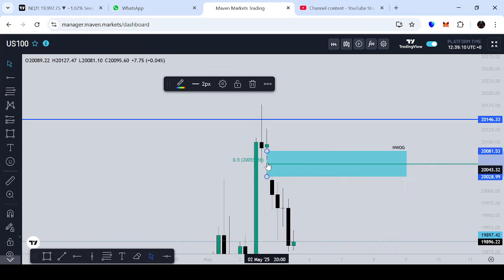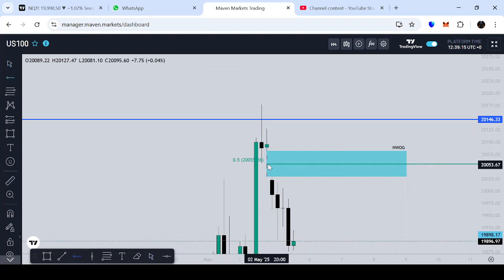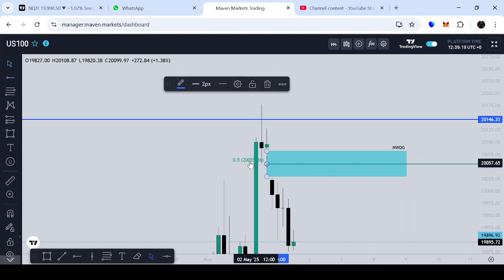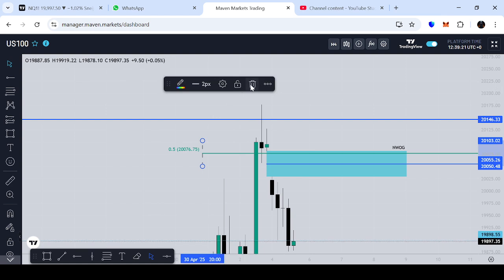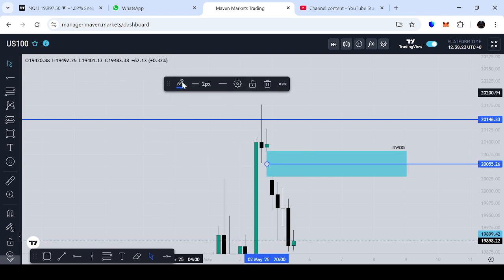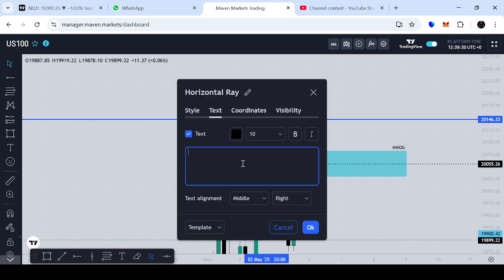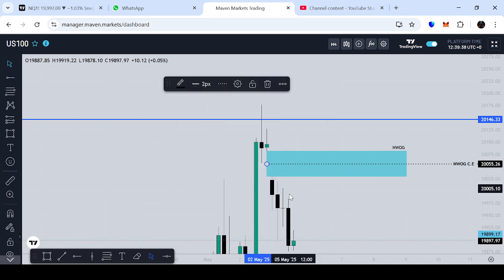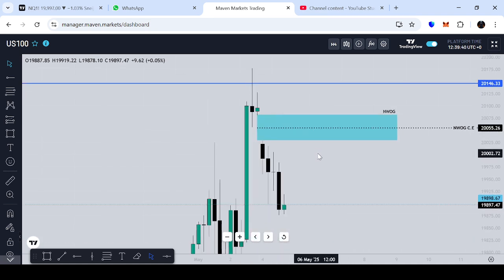It is the consequent encroachment. You annotate it with your horizontal ray, then remove your Fibonacci and change the color. Annotate it as the new week opening gap consequent encroachment, the 50%, the half of that inefficiency. We treat it as an inefficiency, a void.